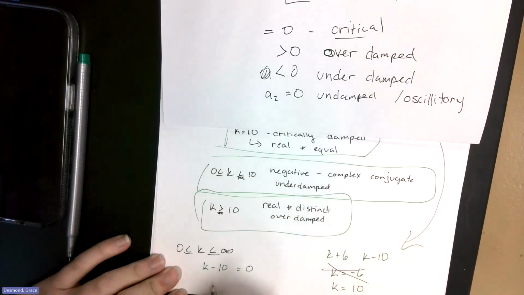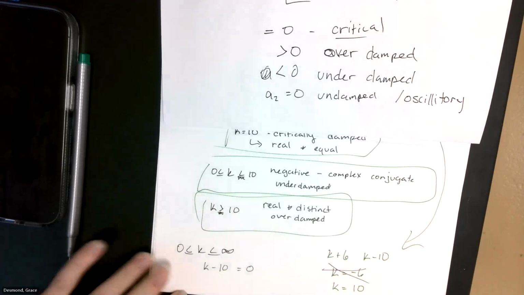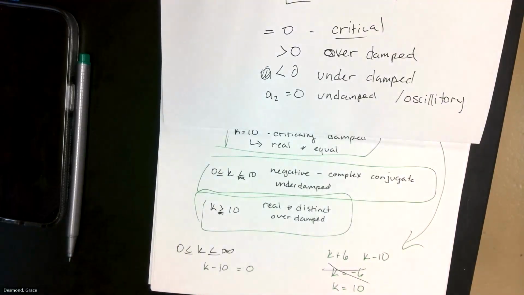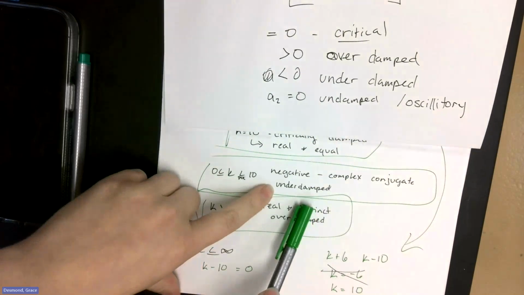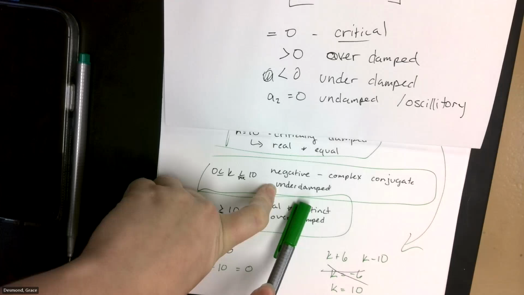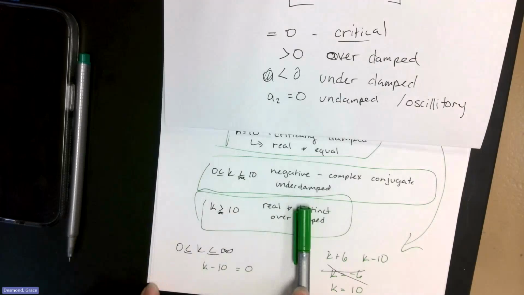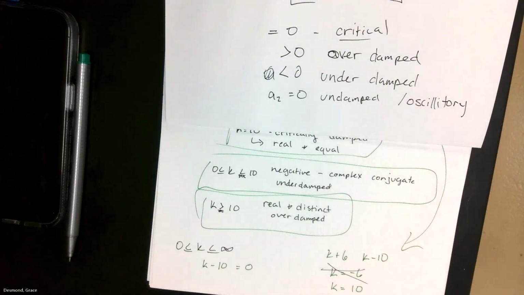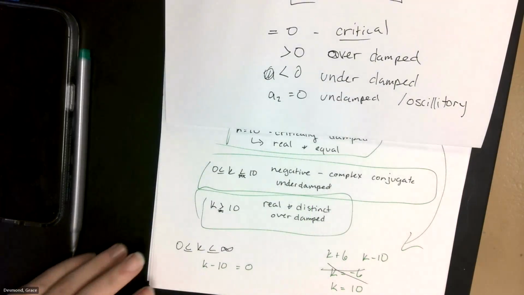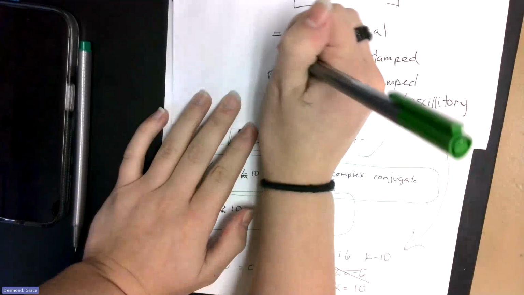And then if that square root is negative, it's underdamped. It is less than 0, underdamped.